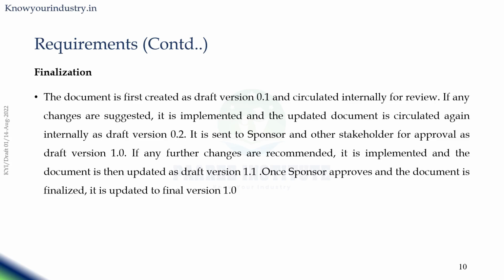Then it would be sent to the sponsor and other stakeholders with the draft version of 1.0, or as per their project-specific versioning or company SOPs. If any further changes are recommended, again the version number would be incremented. Once the sponsor approves, the document would be finalized with the final version.